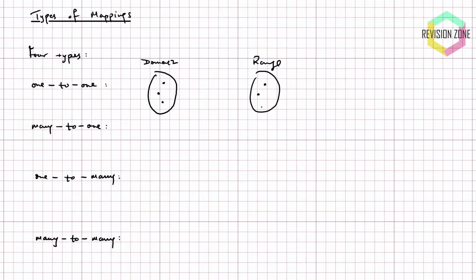A one-to-one mapping is basically literally what the words say. One input only gives you one output, and again, one input only gives you one output. But the important thing here is each input gives you a different output.